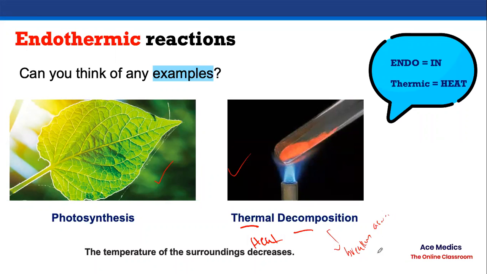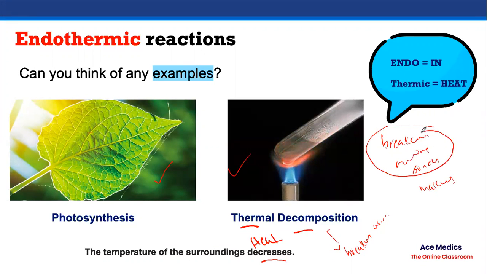And so what is happening with the temperature then in endothermic reactions? Well, what happens is the temperature of the surroundings will decrease, because if we remember what endothermic reactions are, we are breaking more bonds than you're making. Okay, so you're breaking more bonds. So what does breaking bonds require?